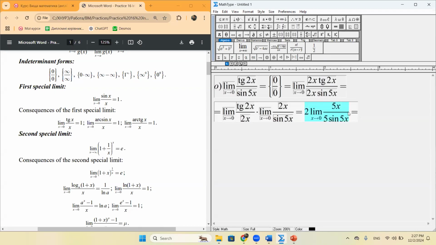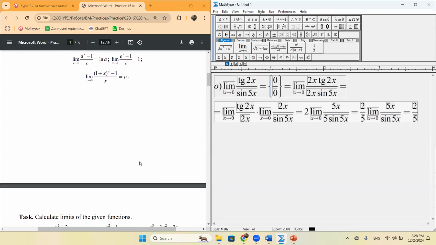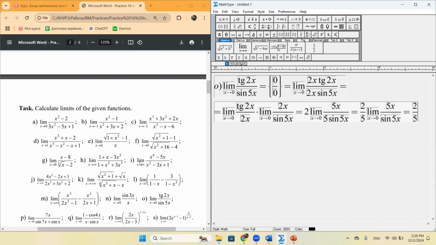Then, writing everything in details, moving all constants out of the limit, and this limit equals 1. And don't forget to multiply by the constant. So 2 over 5. Any questions about this exercise?